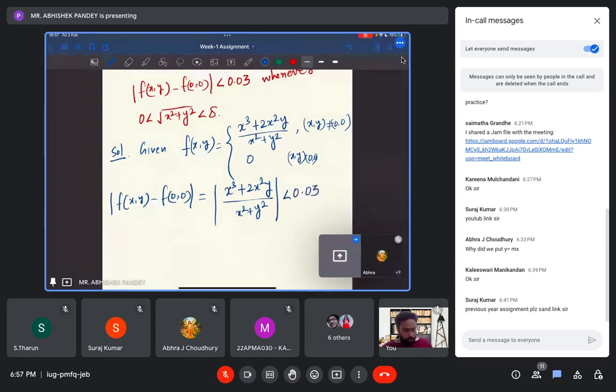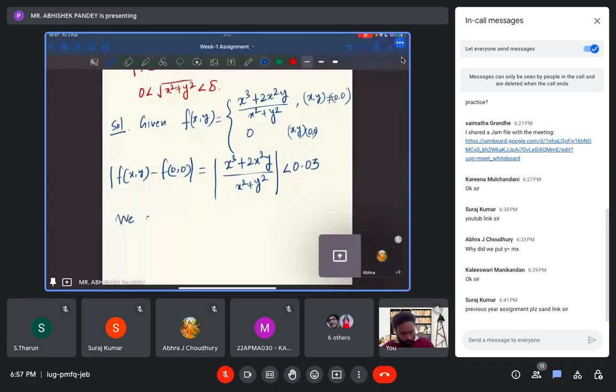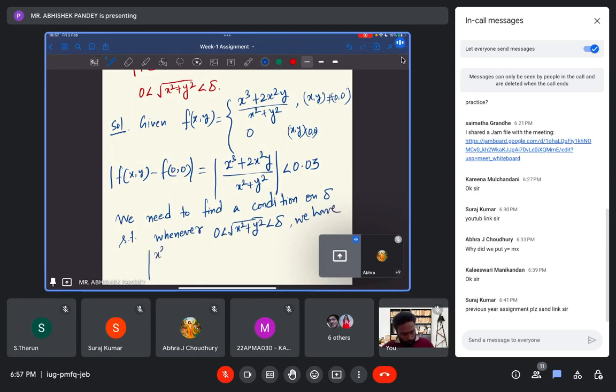So we need to find a condition on delta such that whenever root of x square plus y square is in this range, we have modulus of x cube plus 2x square y upon x square plus y square less than 0.03.